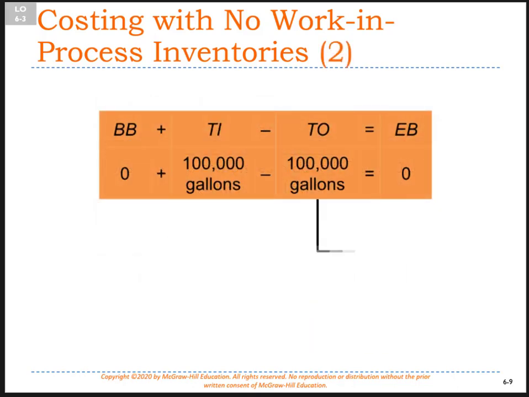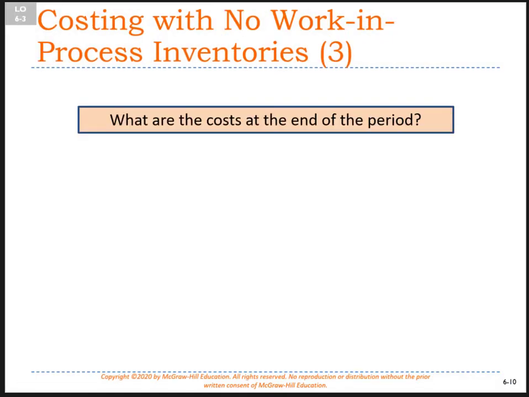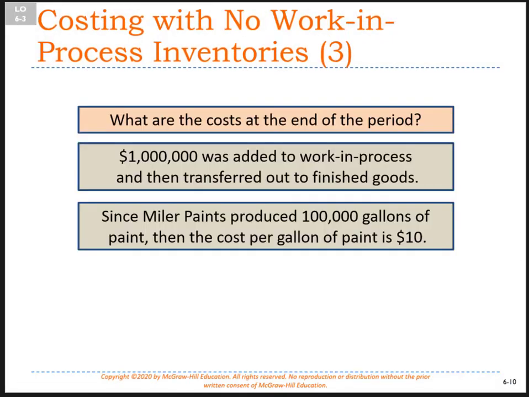So when we are asked what the costs are, we simply say we had $1 million that went into work in process, and then that whole $1 million went to finished goods, right? We produced 100,000 gallons, so that's $10 each. Very straightforward to figure out if we want to know our cost per unit.